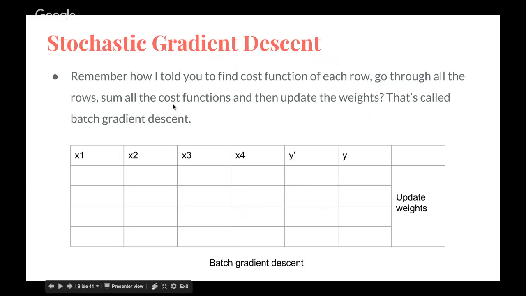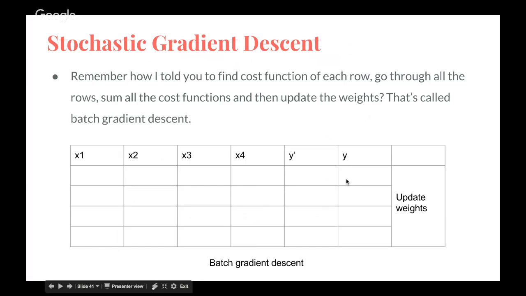Okay, let's say this is the data we have, right? We have these input parameters: the age of the person, the city they are living in, how much they're earning, and how much they're spending every month. We have x1, x2, x3, x4 as input values. We predict a value y dash, and this is what we have, y.